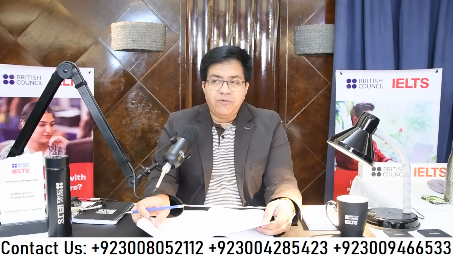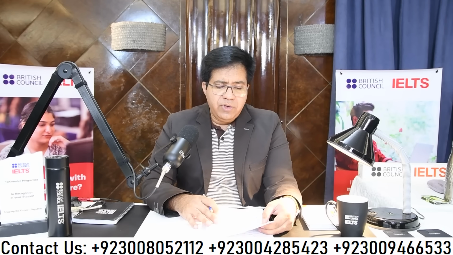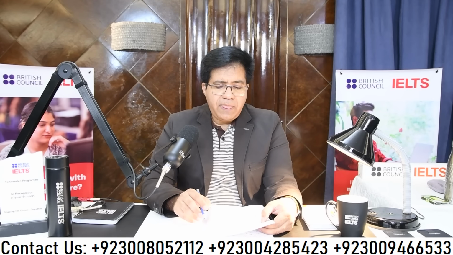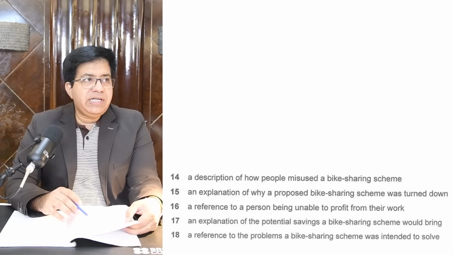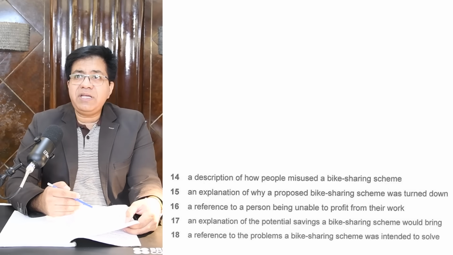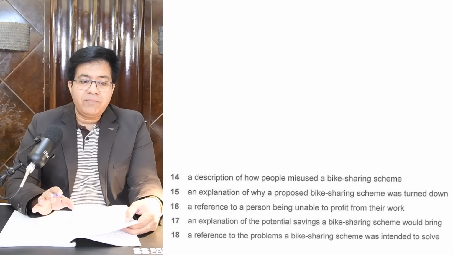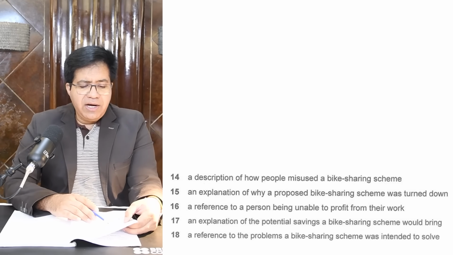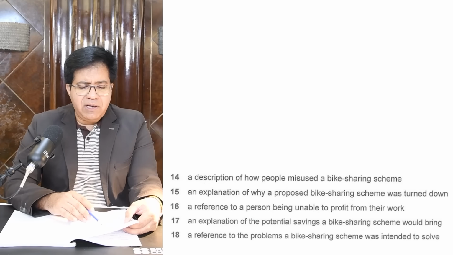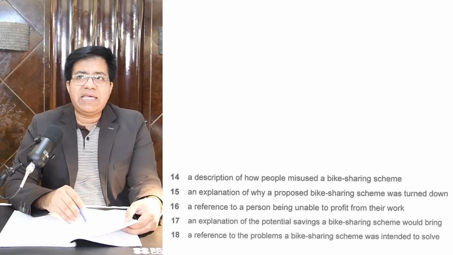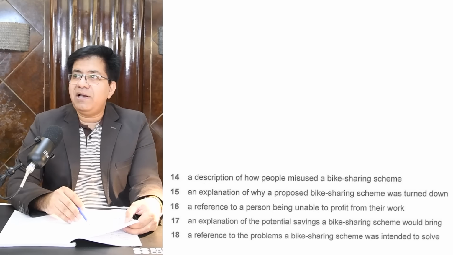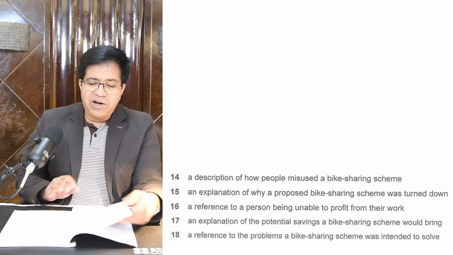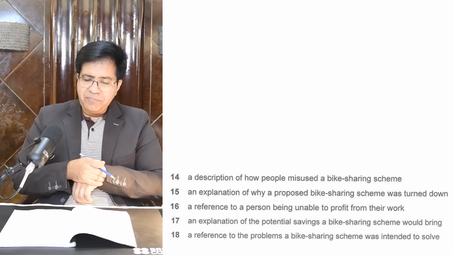So we are ready for questions 14 to 18. Question number 14. Now you will see the magic. Some of the answers you would know already. Question number 14. A description of how people misused a bike sharing scheme. If you remember, people stole the bikes and all that. Which paragraph is it?